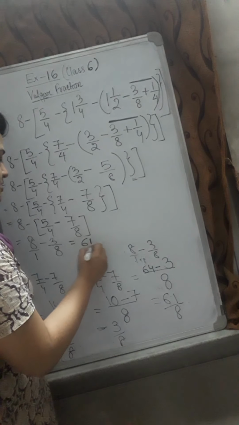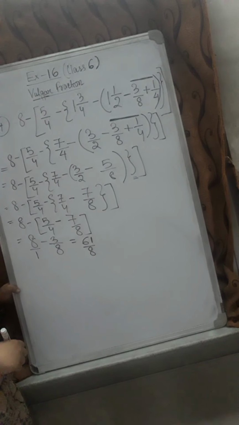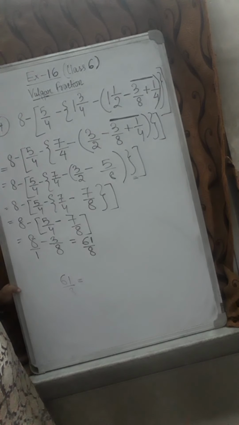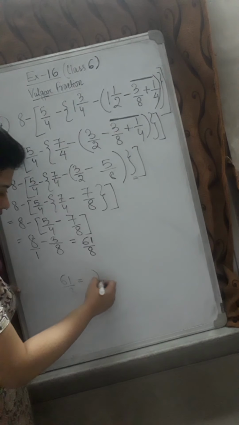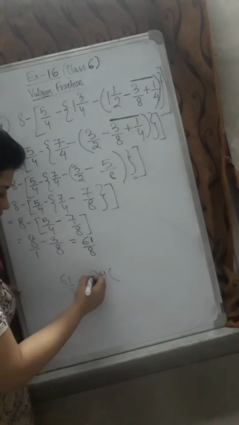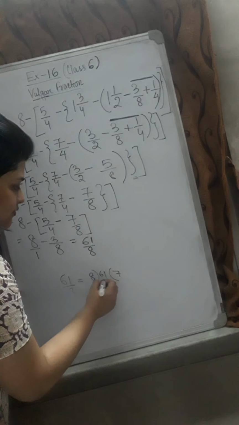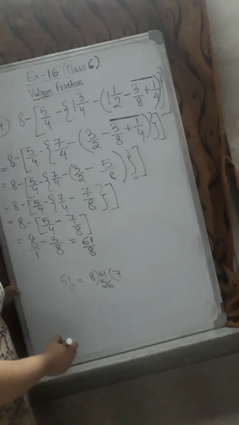So the answer is 61 by 8, which is an improper fraction. Again you have to change this into a mixed fraction. So 61 by 8 is the result. When you change it into a mixed fraction, 8 7s are 56.